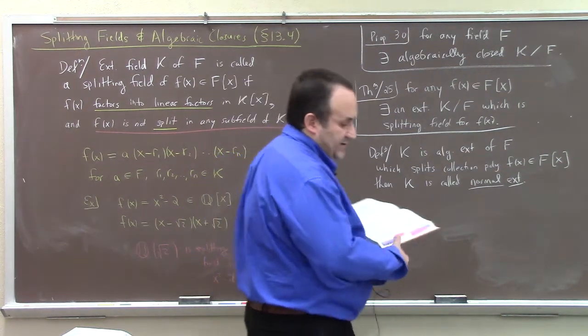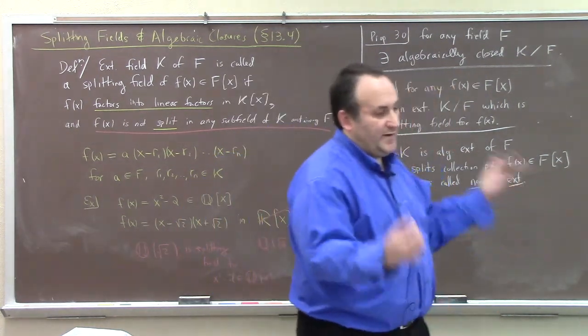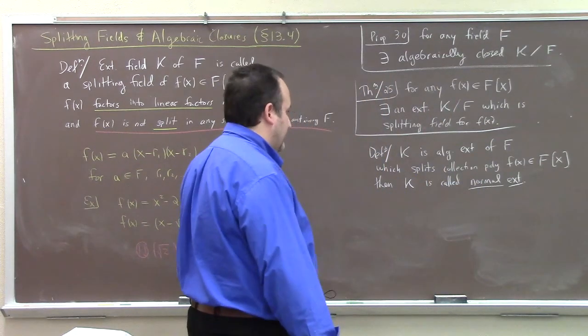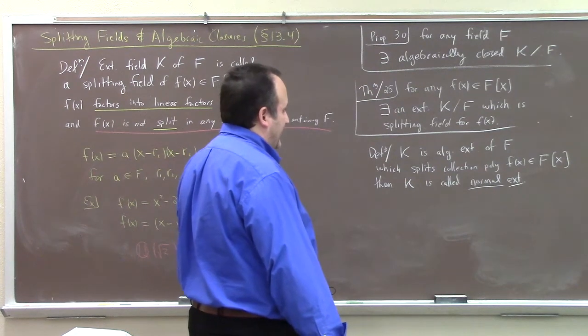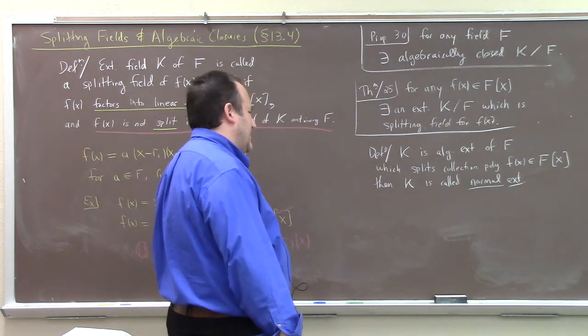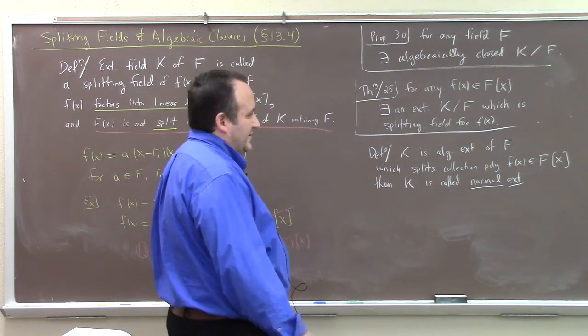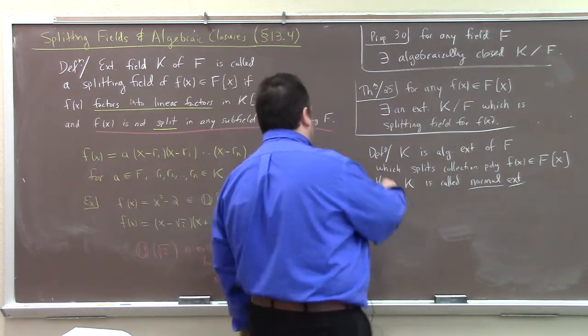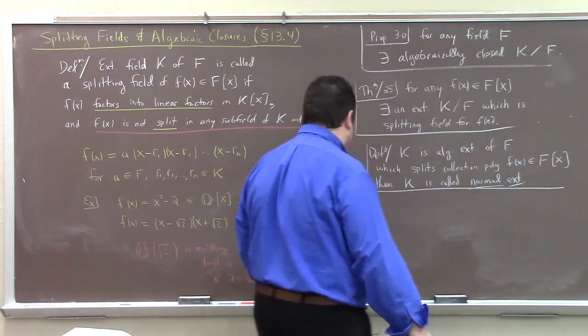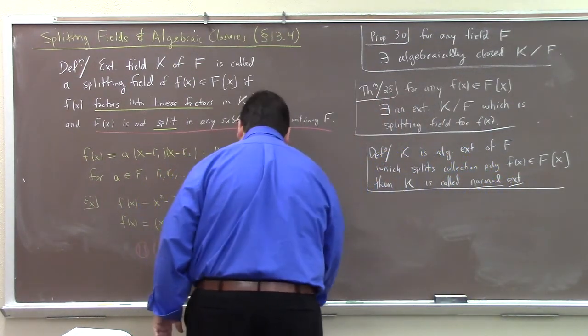I think it could be more like, maybe it splits two polynomials. That would be a normal extension. And I think he was trying to say it's still called a splitting field if it splits two polynomials. Anyway, I don't really have anything to say there, so let me stop.